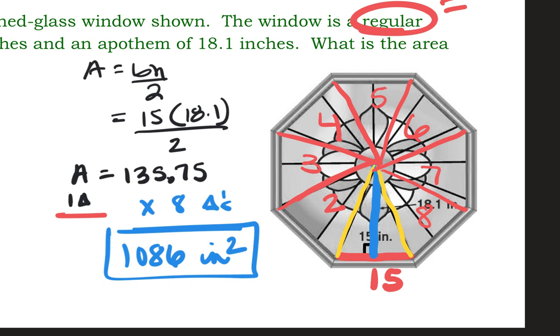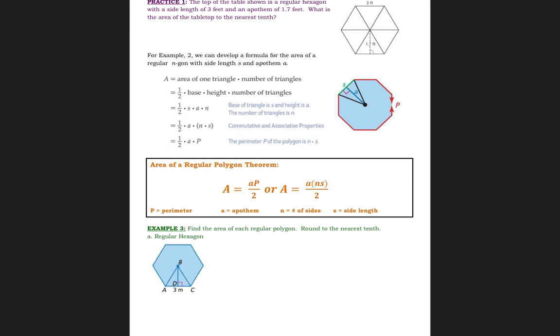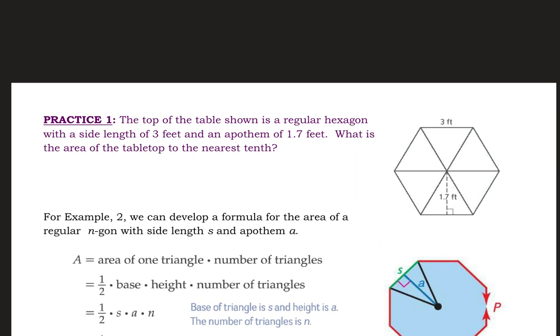All right, if you look over on the right side, there's an example there. This one's talking about the regular hexagon. The side length is 3 with the apothem of 1.7. Go ahead and find me the area of this whole hexagon. Base times height divided by 2. Leon, what did you get for base times height divided by 2? 2.55.